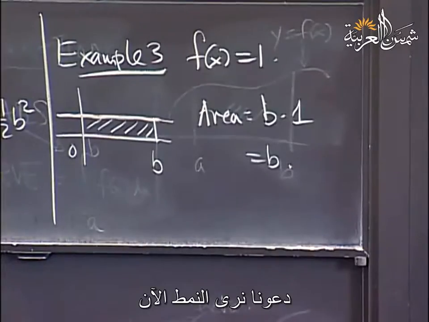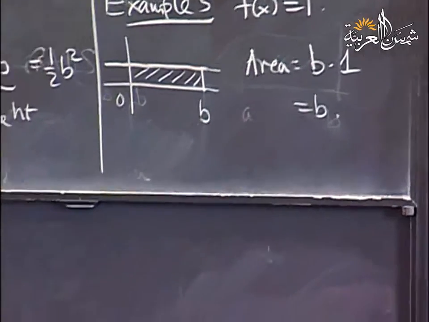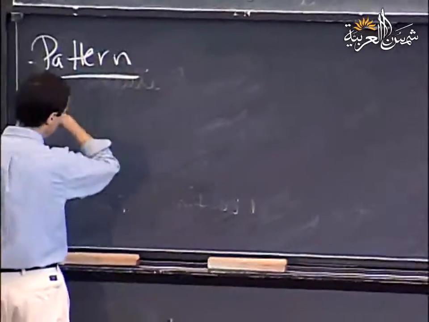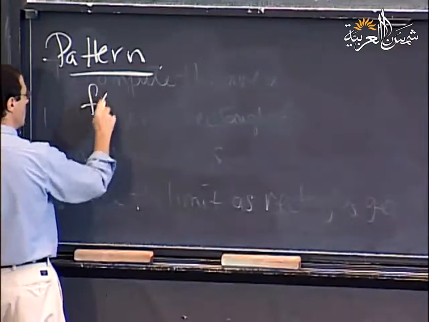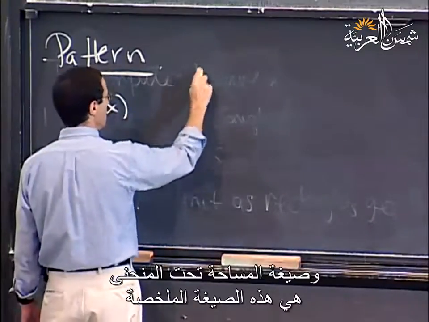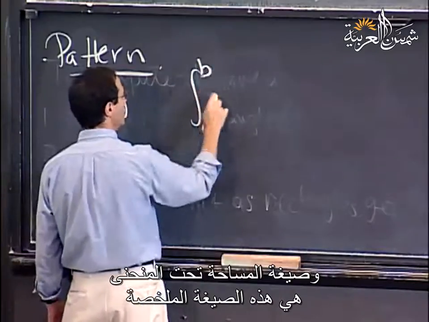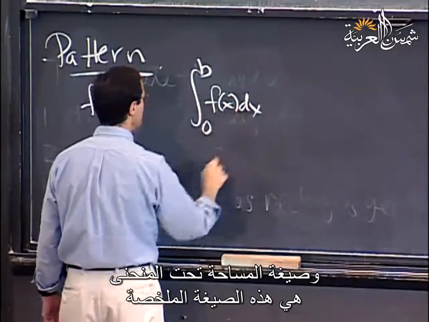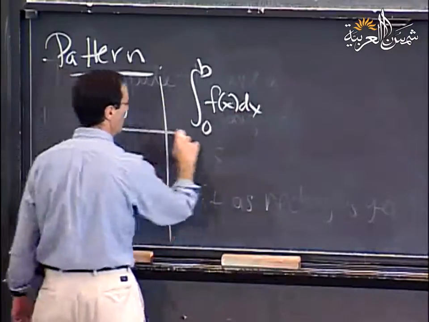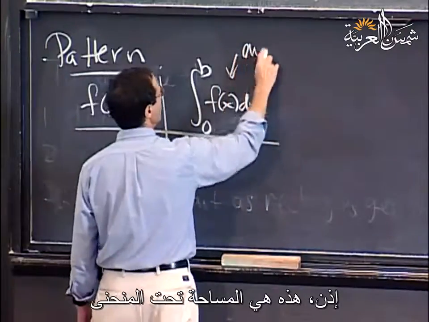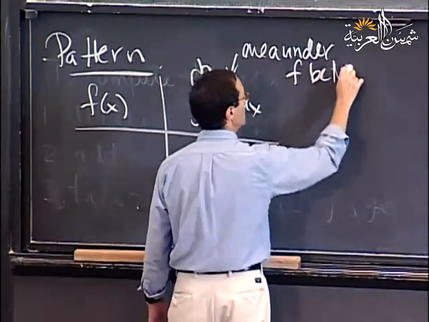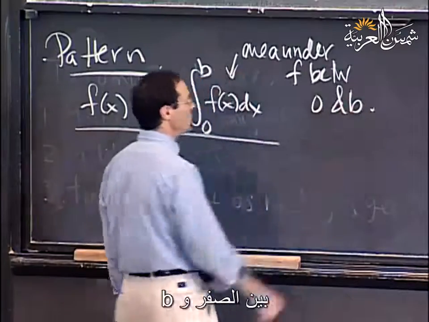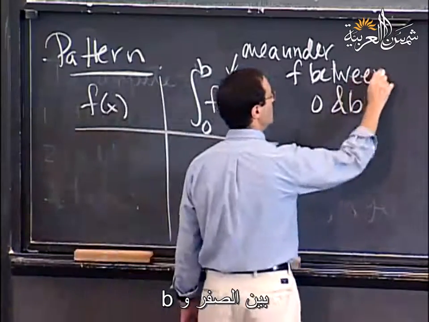Let's look now at the pattern. We're going to look at the pattern of the function and the area under the curve, which has this elaborate formula. So this is just the area under the curve between 0 and b.